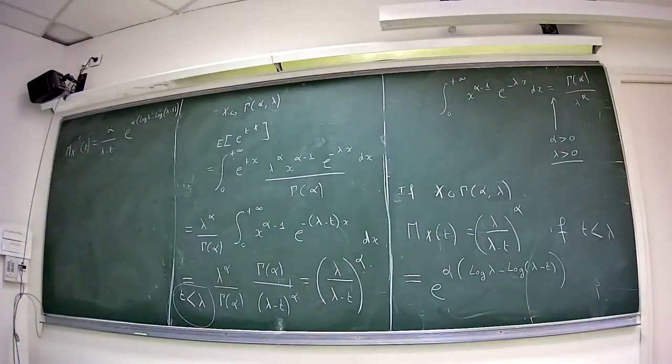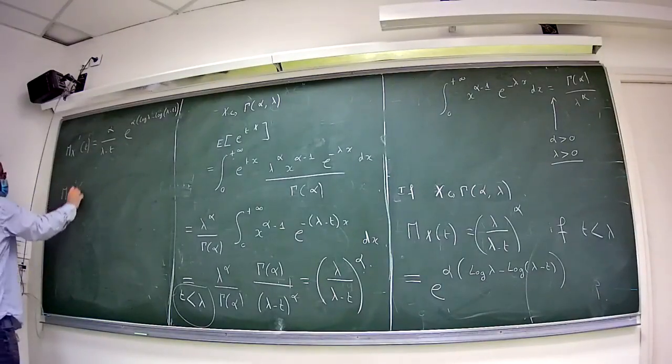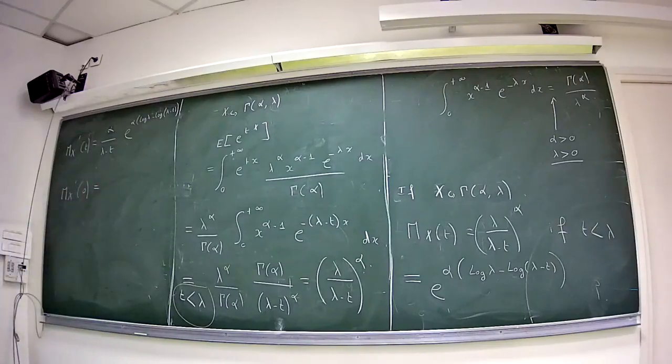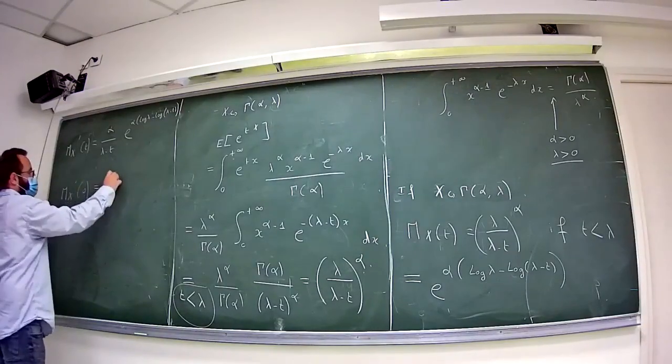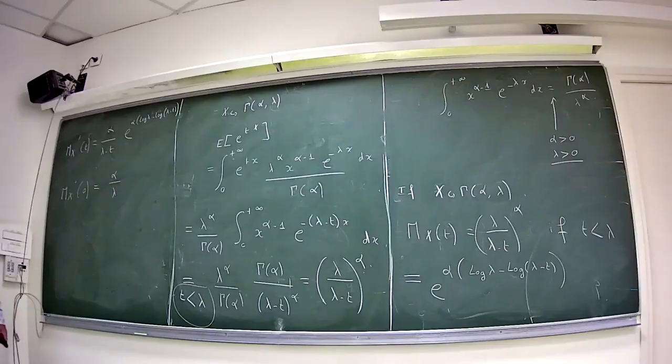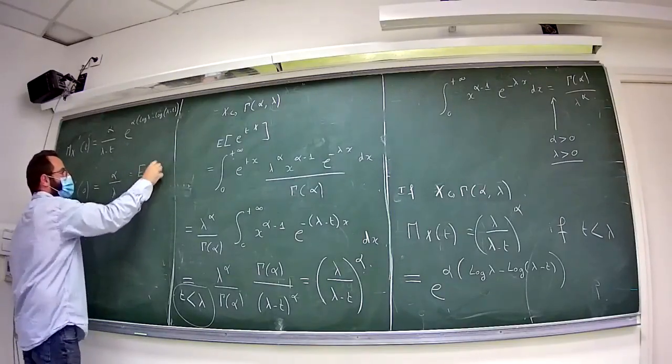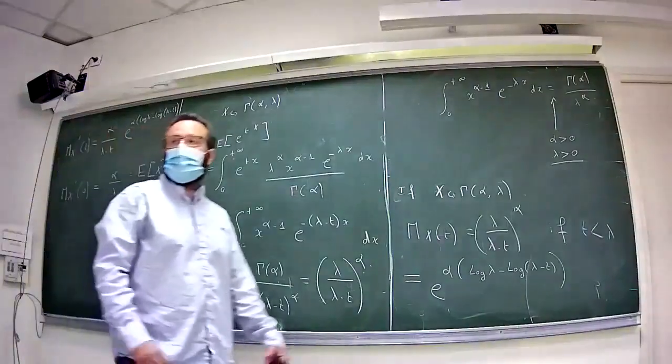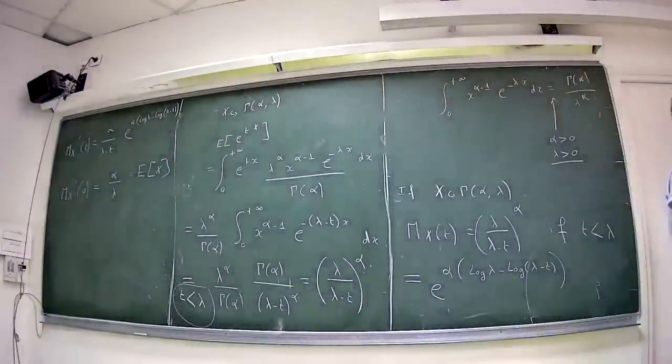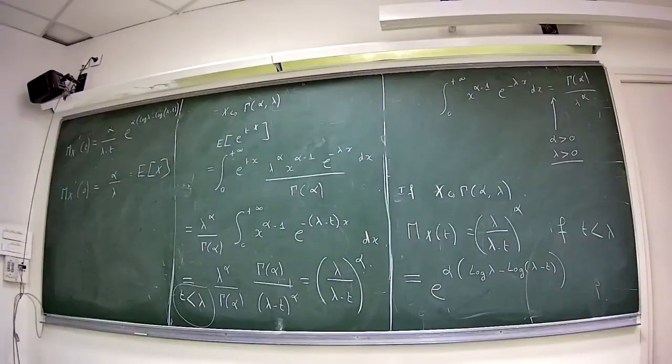If I take the value at 0, what do I obtain? This one is just, once again, the expectation of X. So it should be possible to compute the second derivative. I won't do the job, but you can do it.